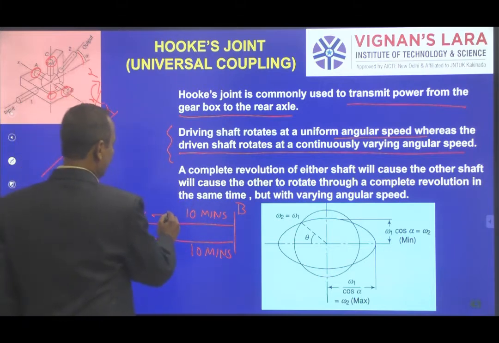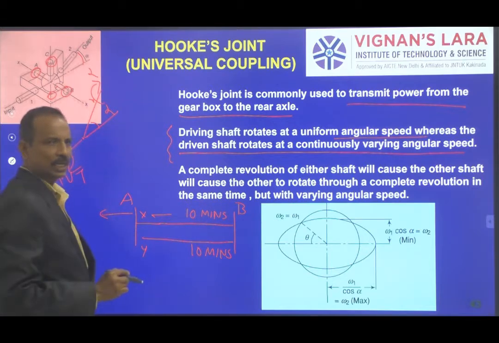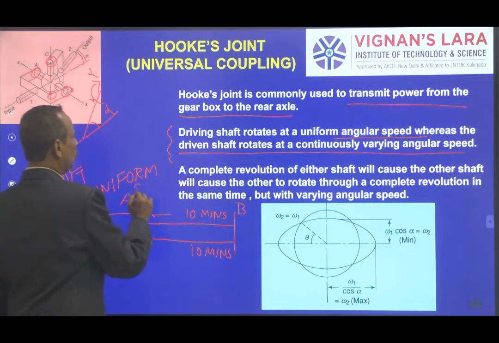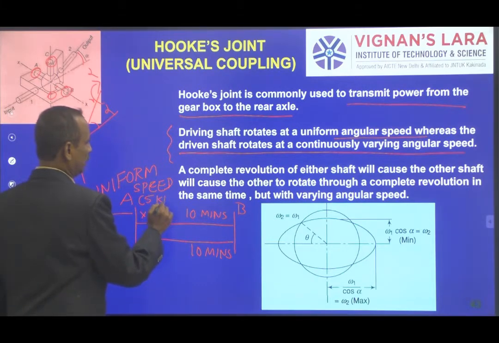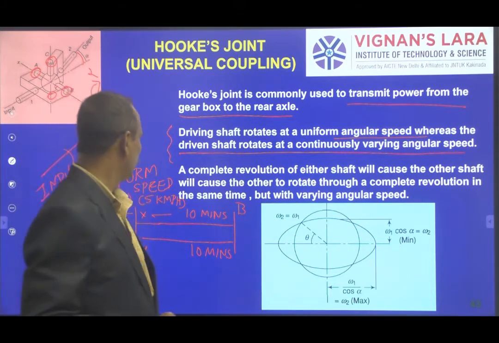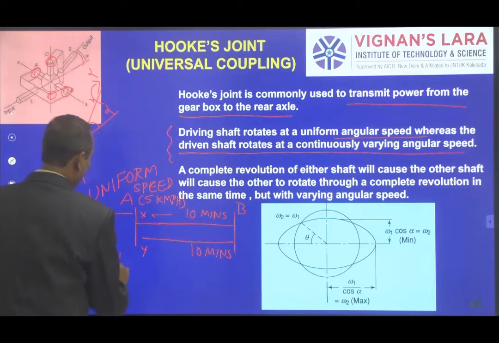But X has traveled this distance with a uniform speed, say 5 kmph, 5 kilometers per hour, whereas Y has traveled with a non-uniform speed.